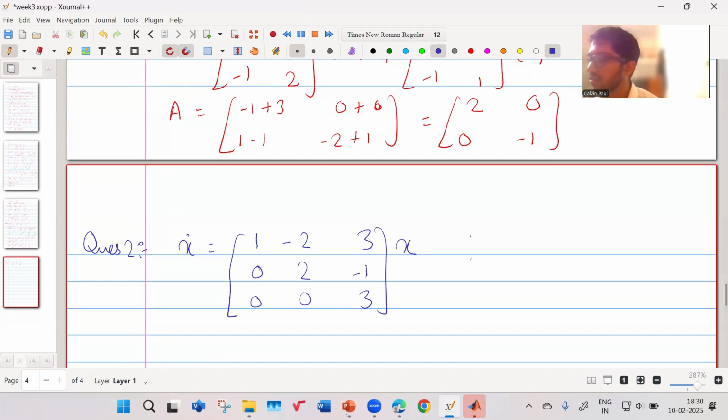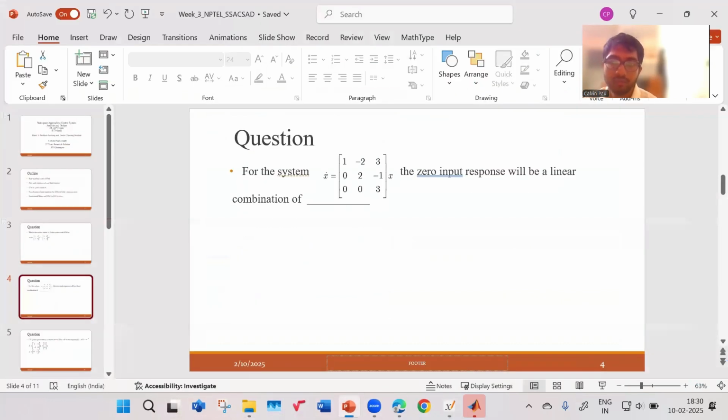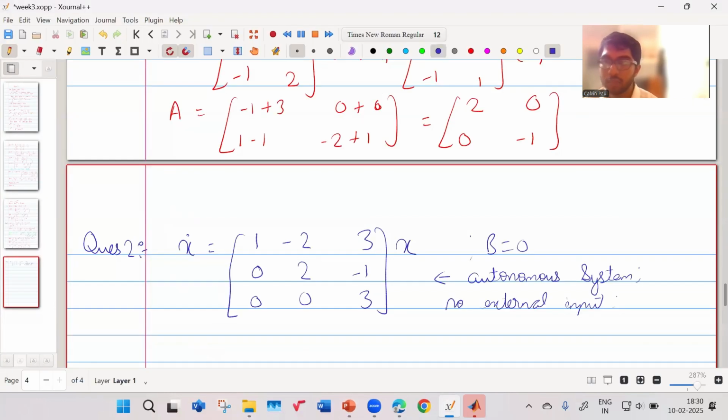Here b is equal to 0, so this is an autonomous system. Okay, so there is no external input. And what you are asked is, what is the zero input response, and it will be a linear combination of what?